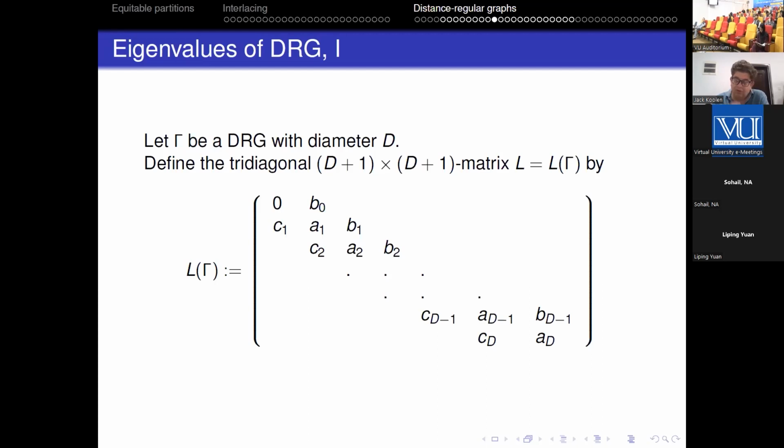But they are all non-zero, they are all positive. So that means that the rank is always at least D. So any eigenvalue of this matrix has multiplicity 1. So this matrix has exactly D+1 distinct eigenvalues.